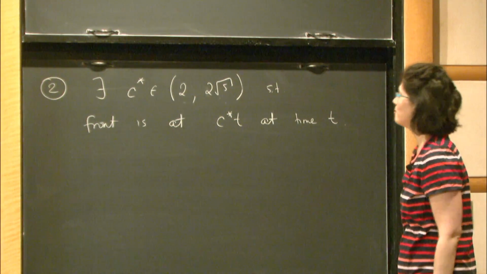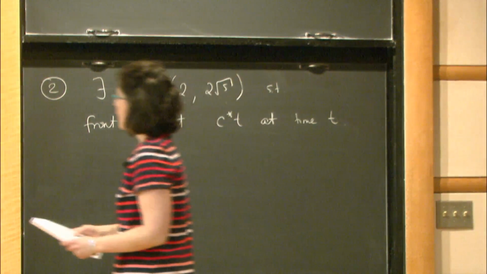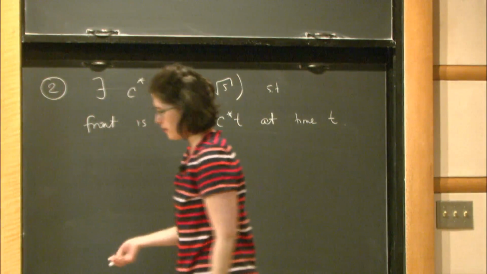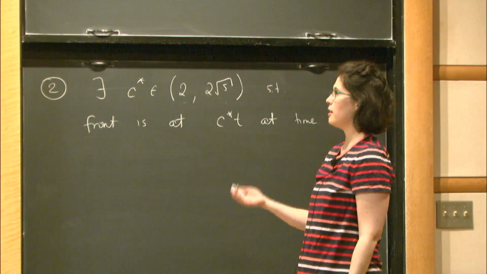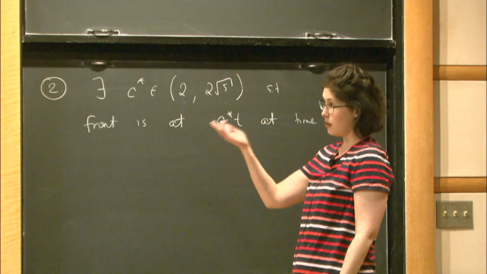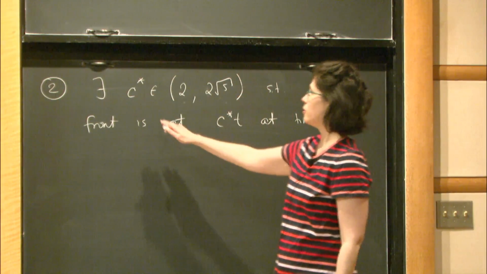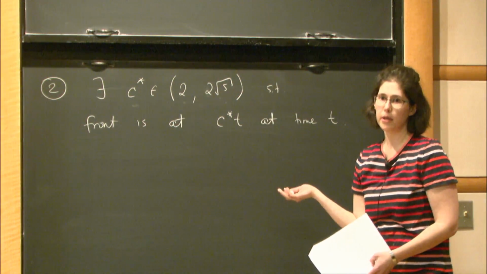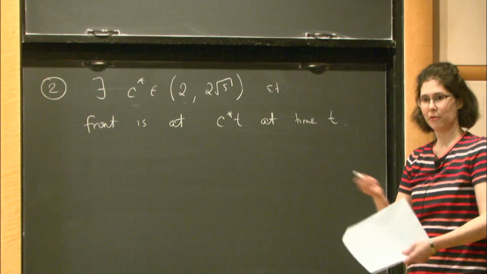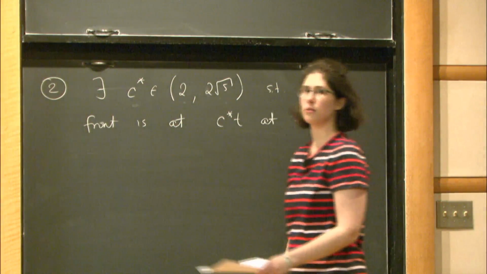In fact, you do somewhere in between. Other folks, Bouin and Calvez, established that there exist traveling front solutions to this equation with this speed. But you can't use that result to deduce propagation because there's no comparison principle. So I use this method.